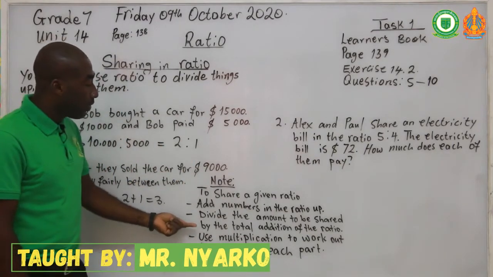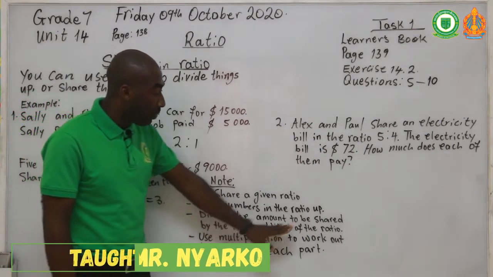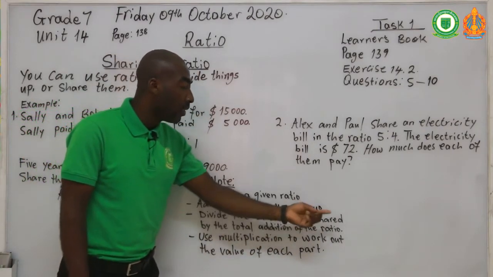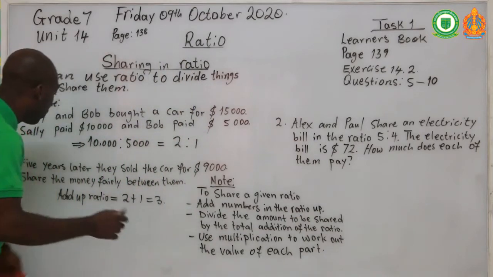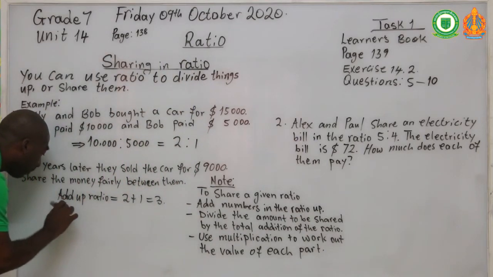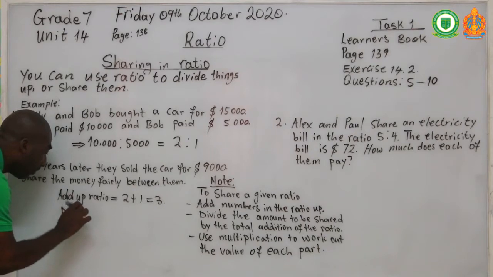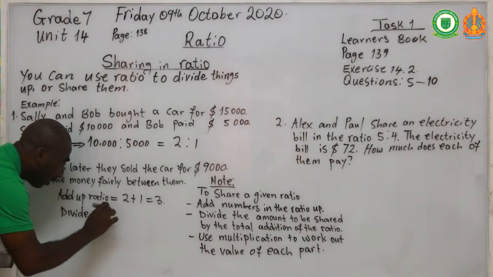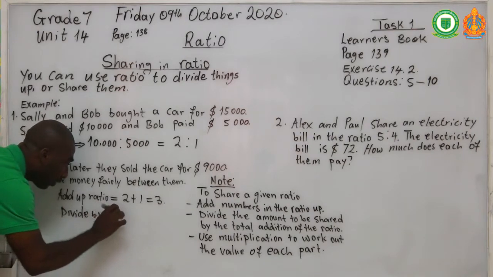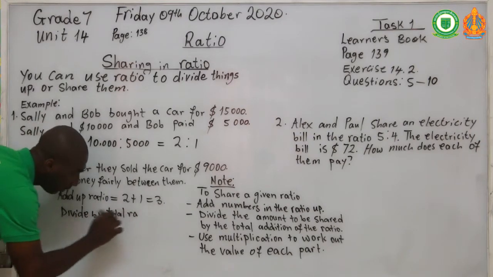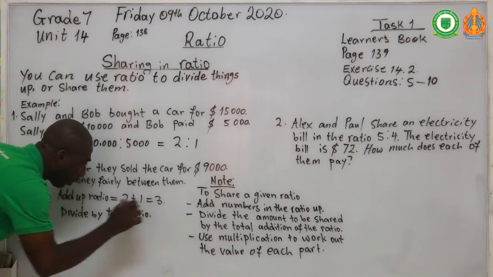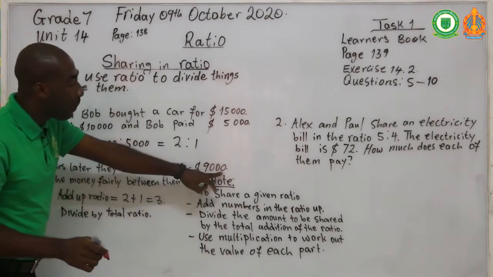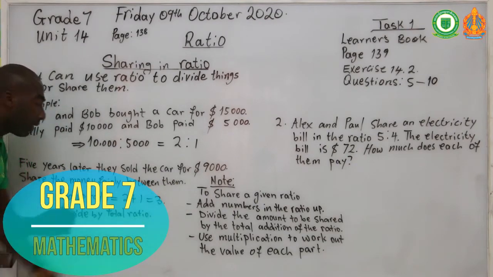The next thing is you have to divide the amount to be shared by the total addition of the ratio, okay? So we do our division. We're going to divide the amount to be shared, this amount, by the total ratio, okay?